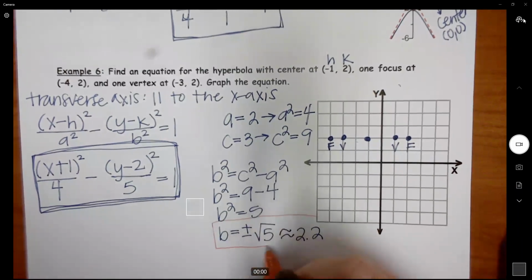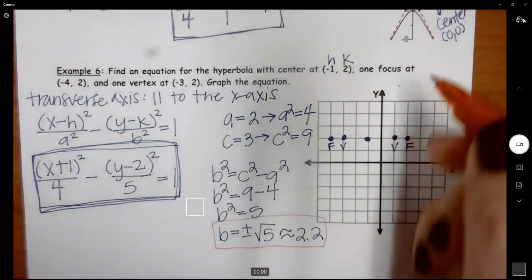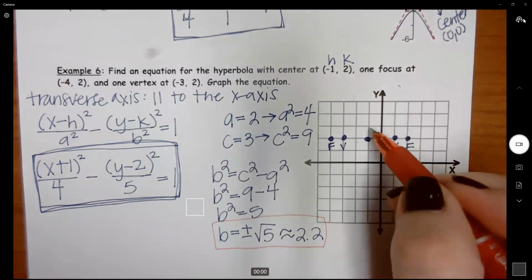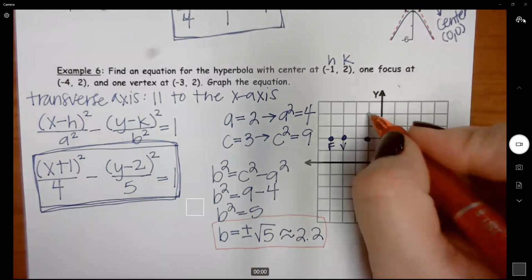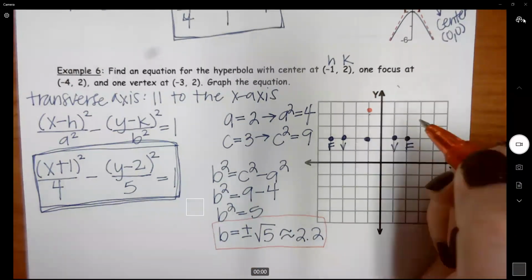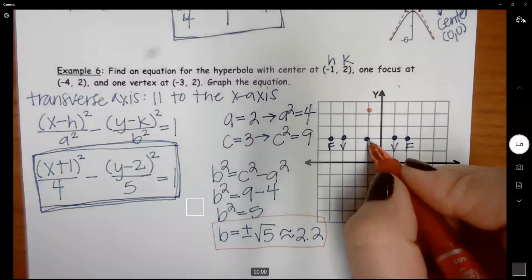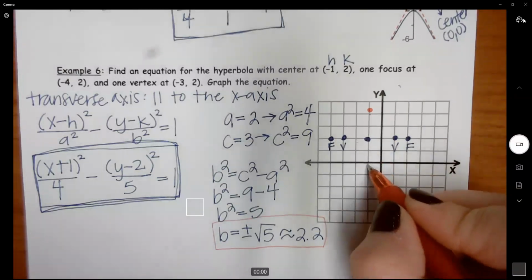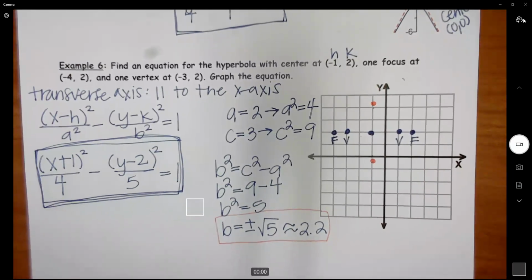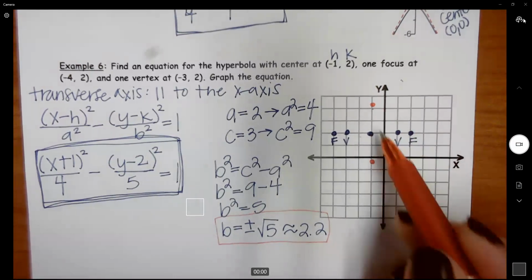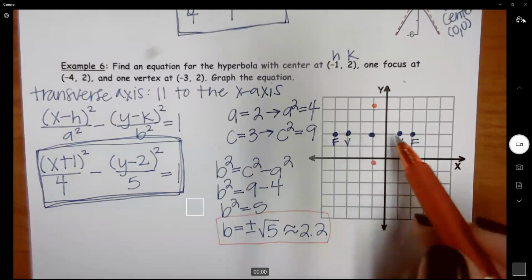So let's put this on our graph. From this point here, I'm going up 1, 2, and some change. Then from my center, I'm going to go down 1, 2, and some change. So make your box around your two b's and the vertices.